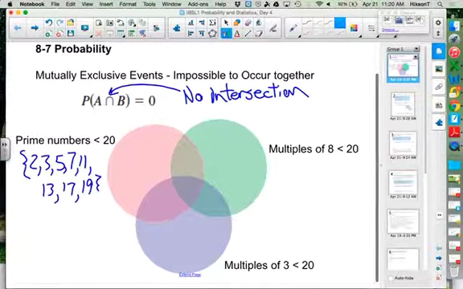There we go. So, then let's look at a set over here. What are the multiples of 8 that are less than 20? Multiples of 8, not factors of 8. 8 and 16. Okay?